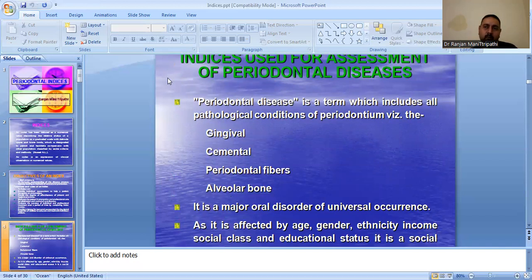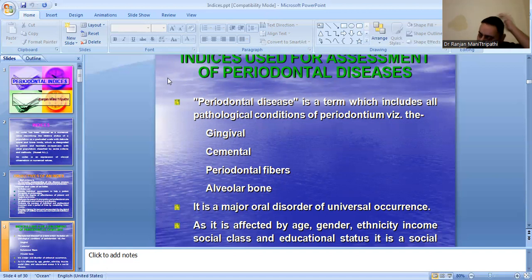So there are various indices that are used for assessment of various periodontal diseases. First of all, you must know what periodontal disease includes.